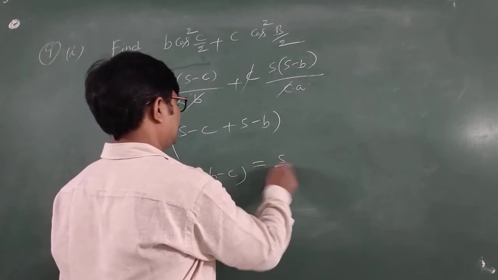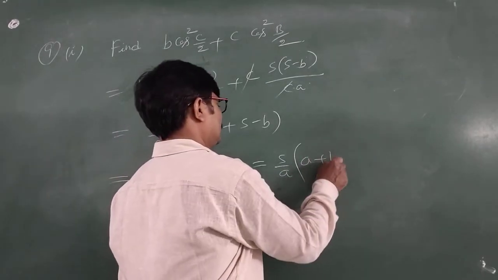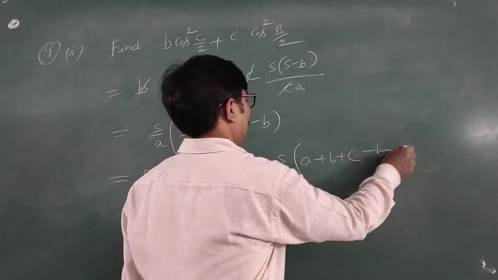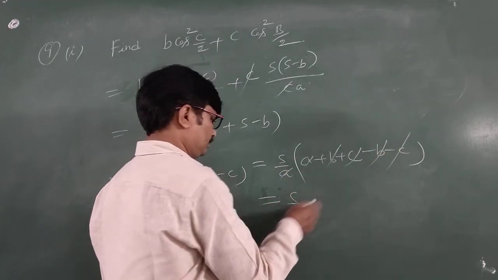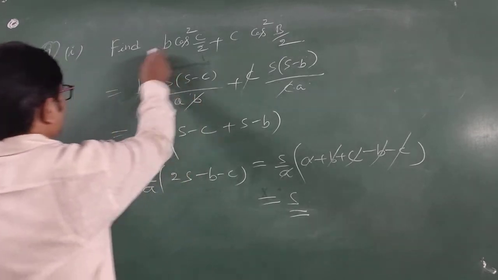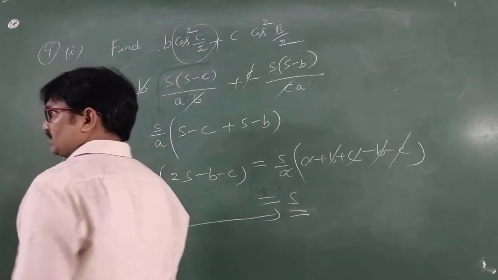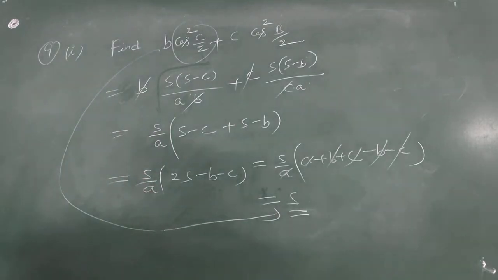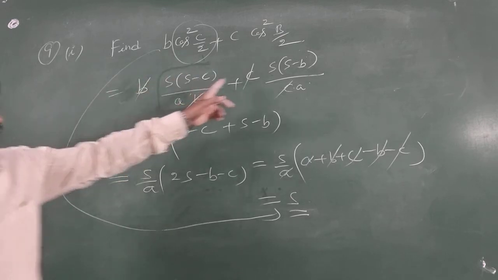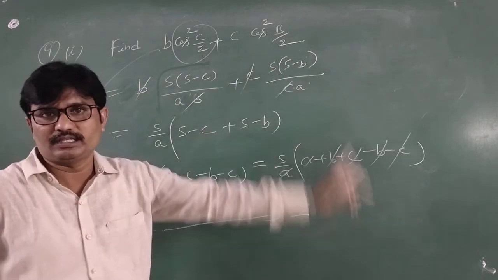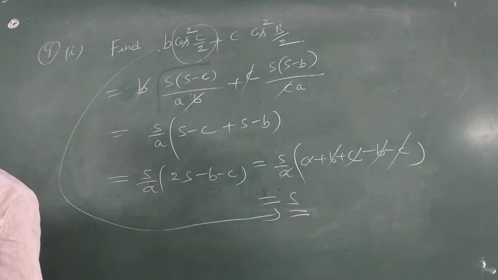So this is s by a, 2s is, students, a plus b plus c, minus b minus c. These are cancelled. After then a cancel. This is, students, s. So we can apply the half angle formulas. Root of s into (s minus c) by ab, this is s into (s minus b) by ca. Okay, students. What is that?